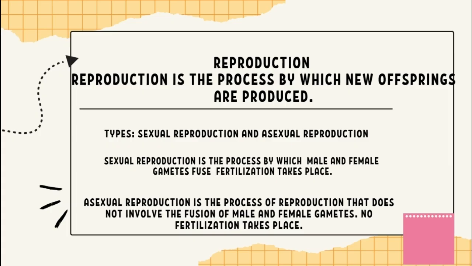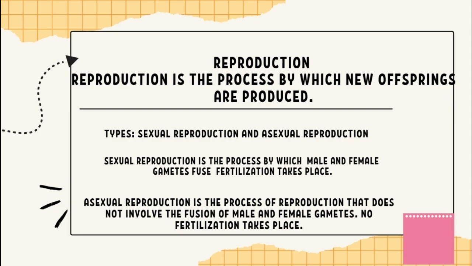There are 2 main types of reproduction. We have sexual reproduction and asexual reproduction. Off the bat, human beings don't undergo asexual reproduction. Let's just put that out there, right? We don't undergo asexual reproduction.